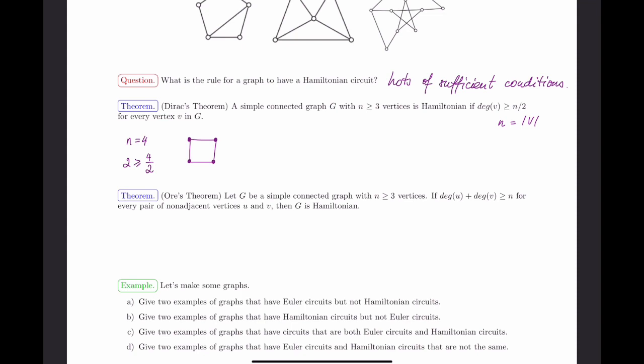Now the problem though is that if the condition fails, it doesn't guarantee that the graph won't have a Hamiltonian circuit. So let's come up with a graph that's a little bit more complicated than this one, but has a similar structure. So let's say I actually start with a square, and then I'm going to have another square around it in this way.